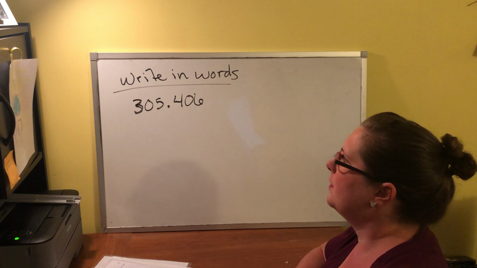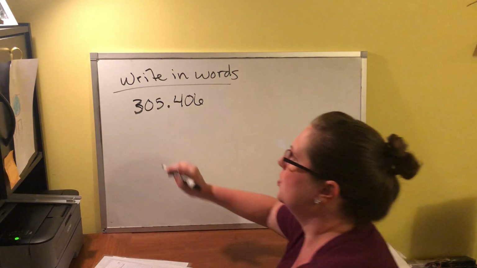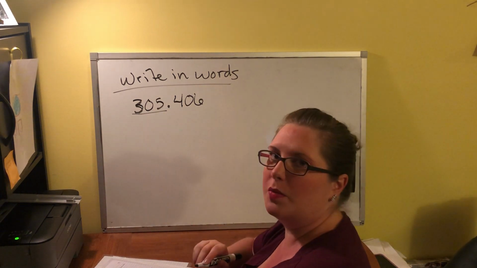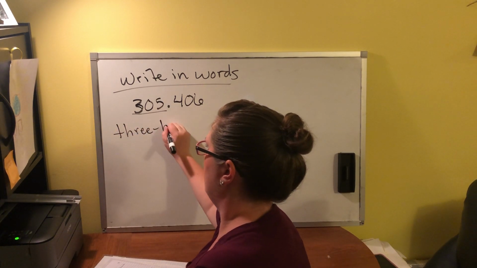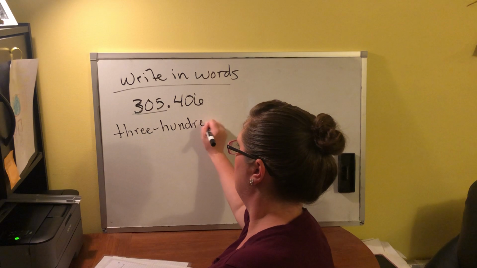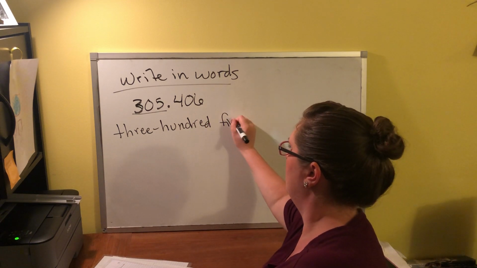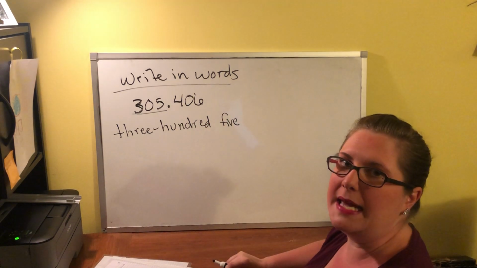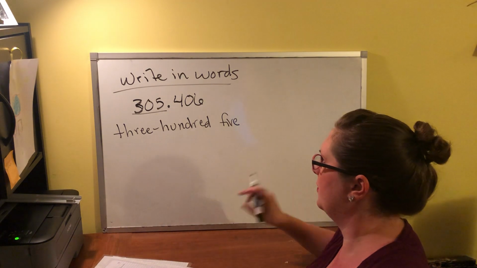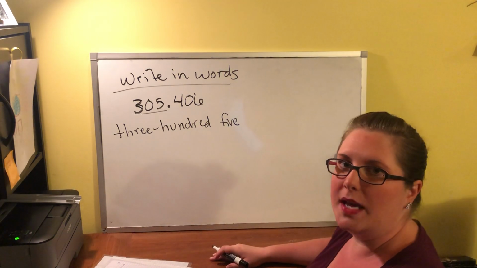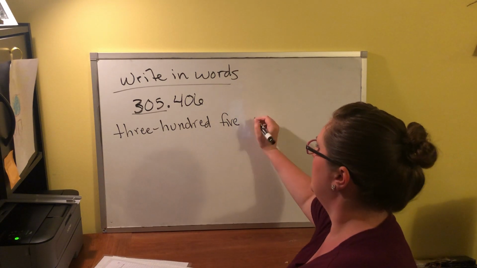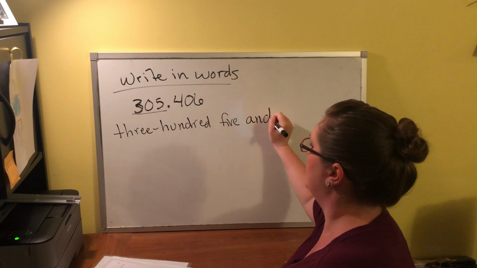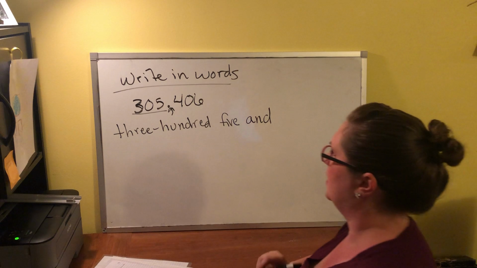So this is 305.406. So start off with writing out your whole number first. We know how to do that. So this would be 305. Do not put and. Some of you like to put 5 or 305. No and signifies the decimal. So this is 305. Then we put and because of the decimal here.